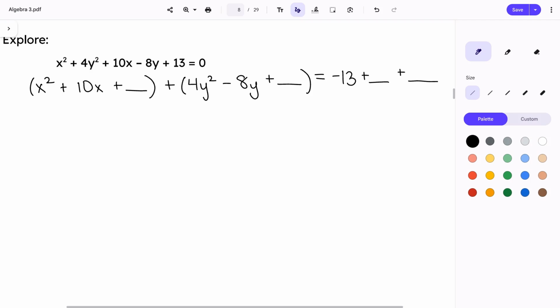From the x's, there's no number in front of the x squared, so I don't need to worry about trying to take anything out. But from the second one, let's take out that 4 that's in front of the y squared. So I'm not going to change anything for this first piece. But if I take a 4 out, what would that leave me with on the inside here?